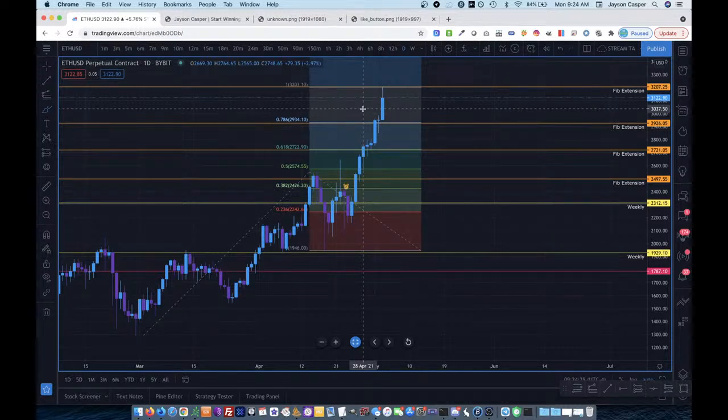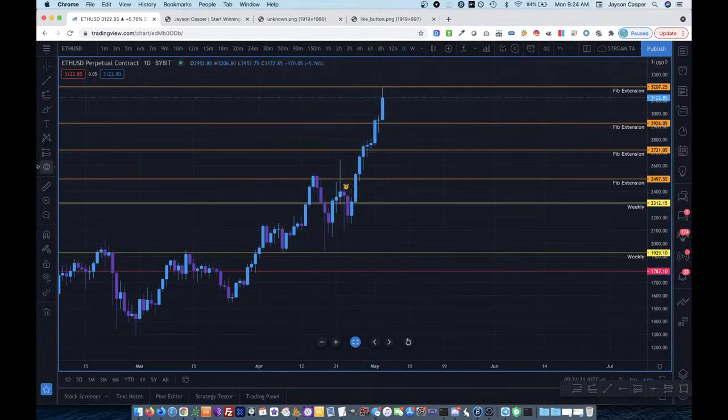Agonizing Plum says, long and short on the same coin, please explain how that works. Yeah, I will explain it. For Ethereum, I've been long since somewhere right in here, when we came up above this fib extension around the 25 something region.